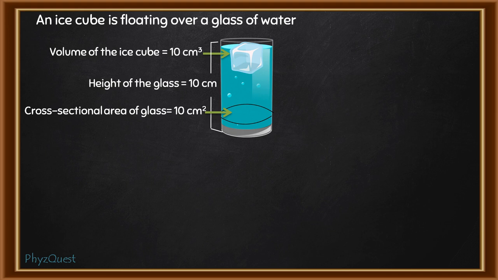So now let us suppose the ice has a mass m. It will exert a force mg due to gravity, which means it should go downwards, but it is floating.